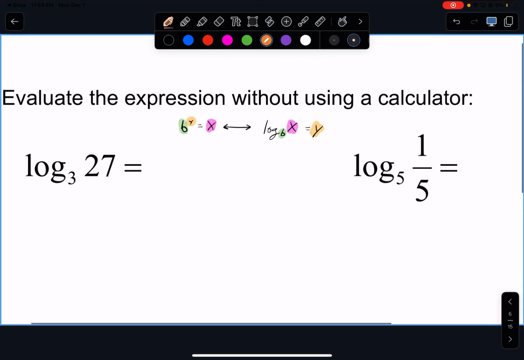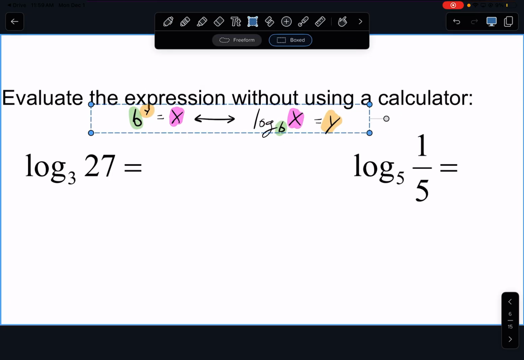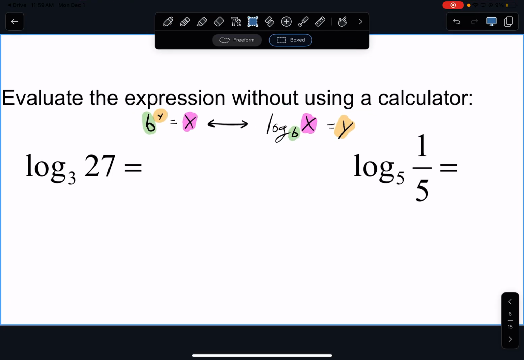Let's try our next two. So let's do these two right here. They're starting in log form, and then we're going to write them in exponential form. I'm going to give you some time. Write these down in your notes and then write them. Oh, no, sorry. This is evaluate. Excuse me. It says evaluate. That's a pretty important thing here.